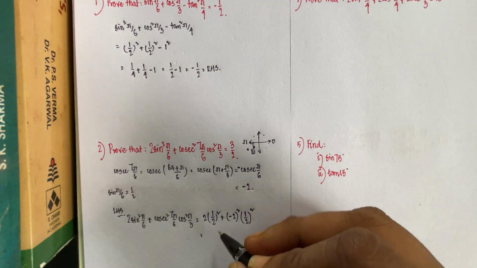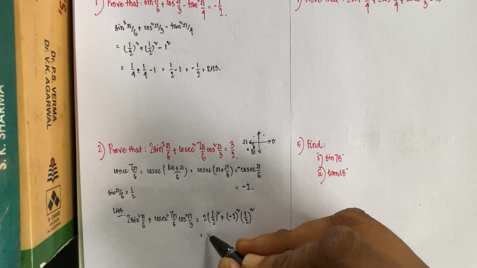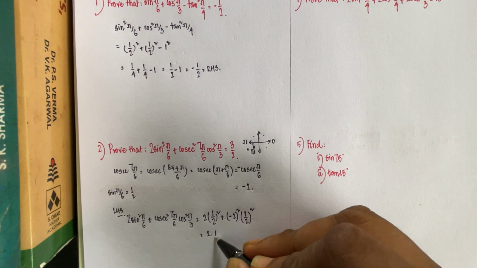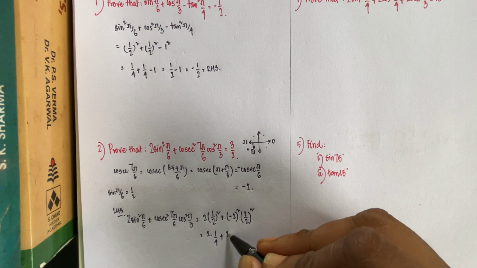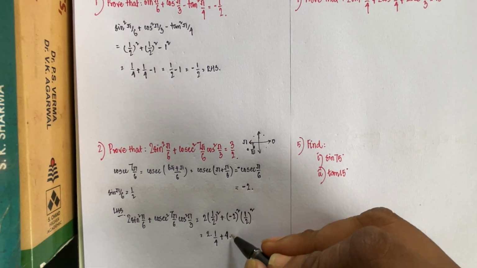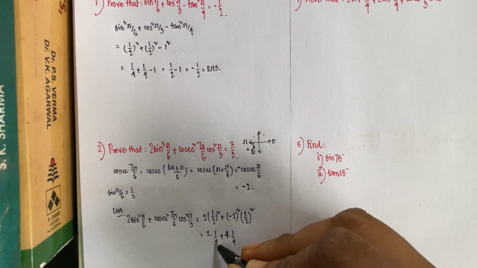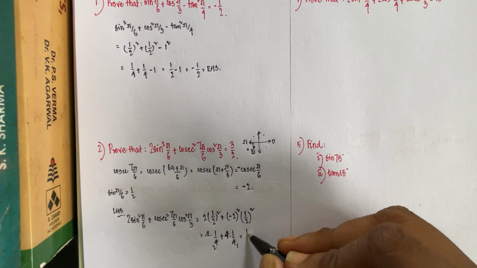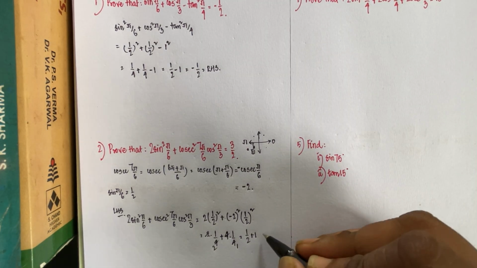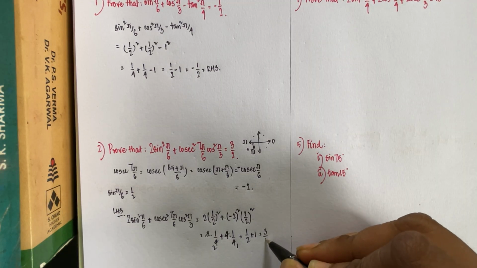So how much are we getting? We are getting 2 into 1 by 4 plus 4 into 1 by 4. So this is going to be half plus 1, and that is nothing but 3 by 2.